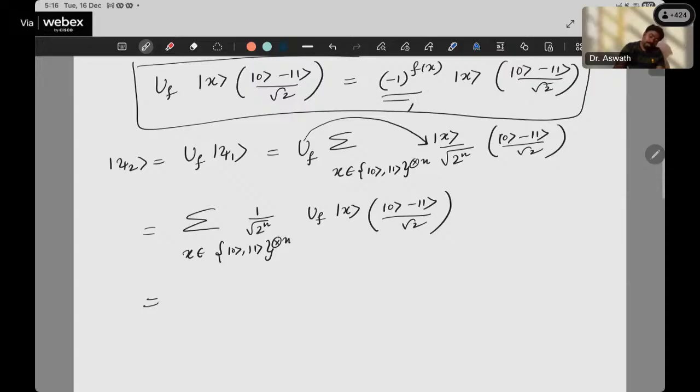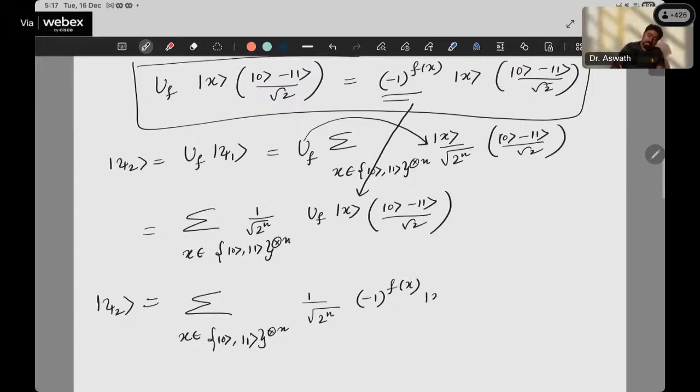We just substitute that result here, which is going to be psi 2 is going to be the summation over x belongs to {0,1} tensor n, 1 by 2 to the power of n, minus 1 to the power of f of x, |x⟩ |0⟩ minus |1⟩ divided by square root of 2. That's all.